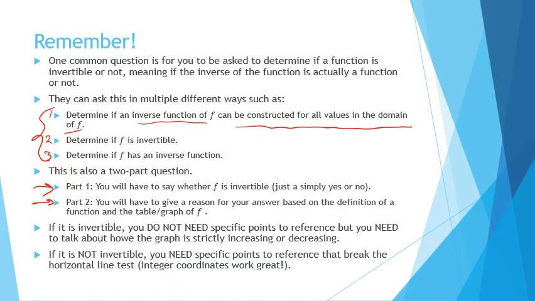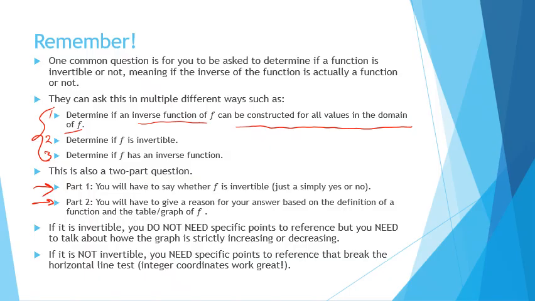You need to answer about the definition of what an inverse function means, or what it means if a function is invertible. It's going to be the same thing. And then you also need to refer to the specific table or graph. And if the inverse is a function, talk about that inverse graph. What does it look like? If the inverse is not a function, give specific points that break that rule, break the horizontal line test.